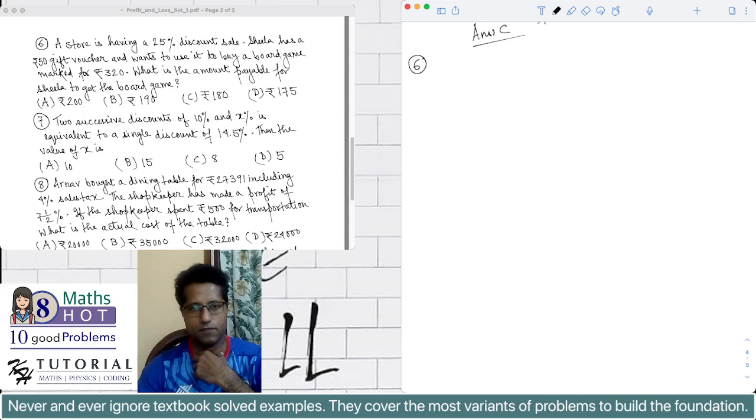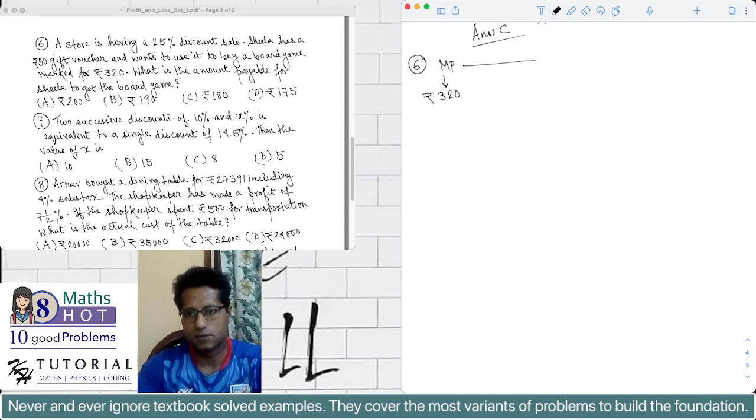The discount is 25%, and the mark price is also given, 320, so all the information is given.